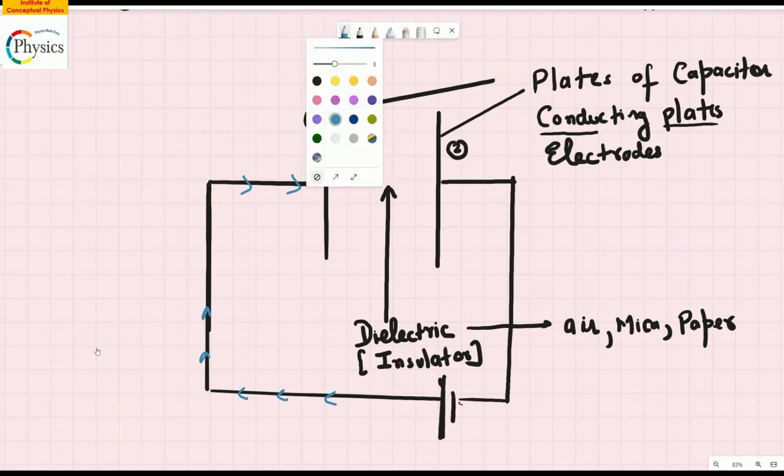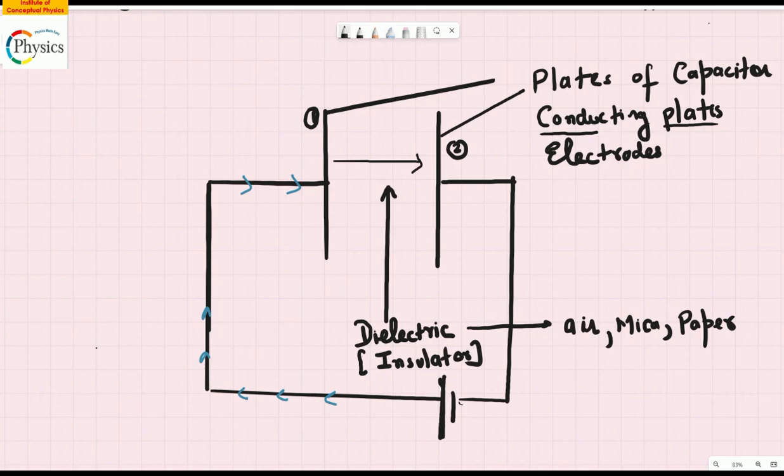The charge wants to move towards the other plate, right? From here to here. This is what the charge wants to do. The charge wants to travel from one conducting plate to the second conducting plate. So the charge is willing to go, but the problem is dielectric is an insulator. So dielectric will not allow this charge movement which you see.